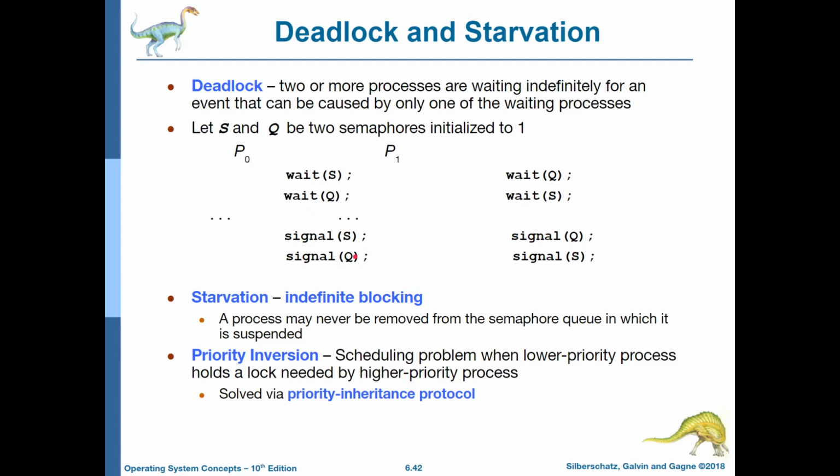Now, there is a situation where we can have starvation due to something called priority inversion. So let's say, for example, we have two processes, a high priority process and a low priority process.